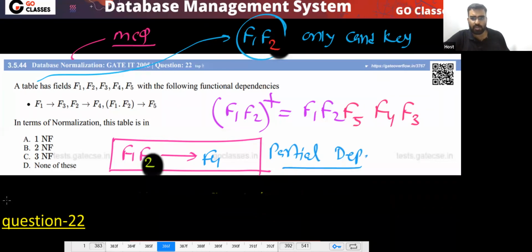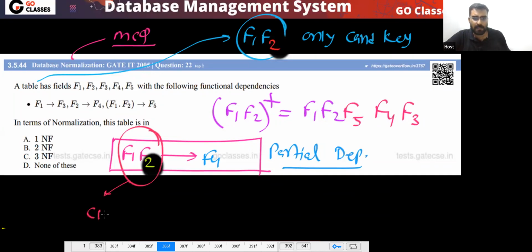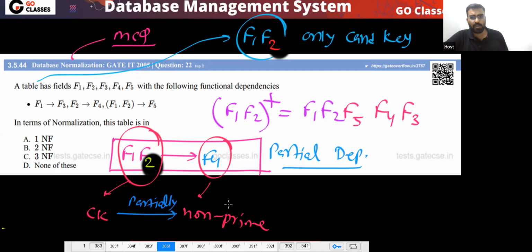This is a candidate key, and this is a non-prime attribute. So I can say that a candidate key is partially determining a non-prime attribute. That is the reason this is not in 2NF.